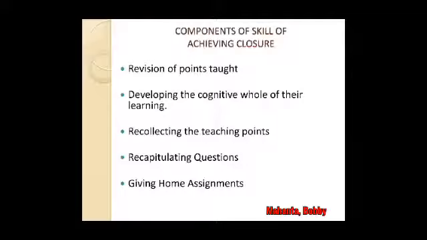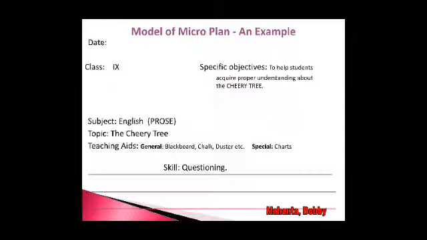So it is like a recap of what I have taught. If I place a question and the student is able to respond, then it is understood that they are able to recollect, they are able to remember, or it has been sustained in their memory. And the next is giving them a home assignment. Clear? So these are the components of achieving closure.